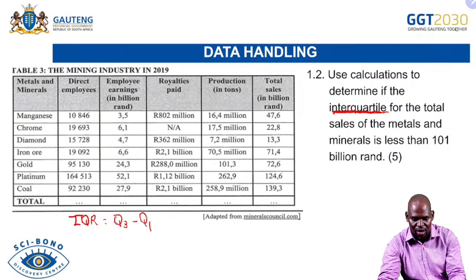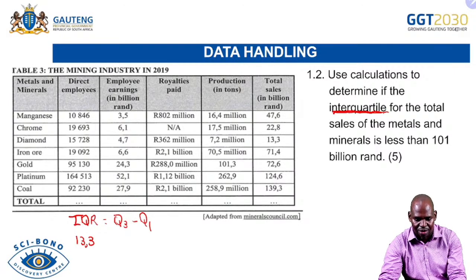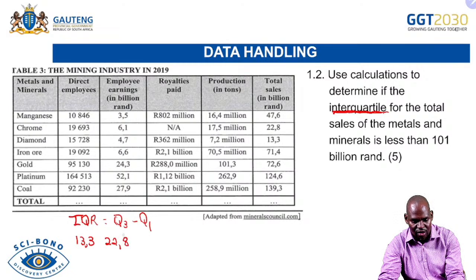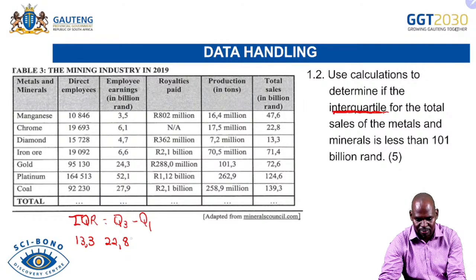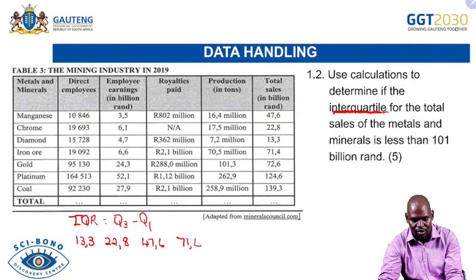The smallest is 13.3, and after 13.3 we said 22.8, then after 22.8 we said 47.6, after 47.6 we said 71.4, then after 71.4 is 72.6, after 72.6 is 124.6, and then 139.3.